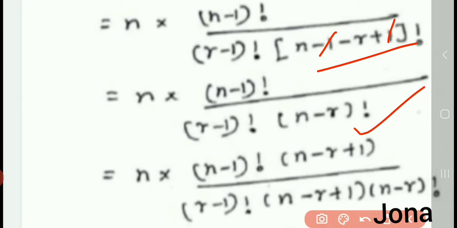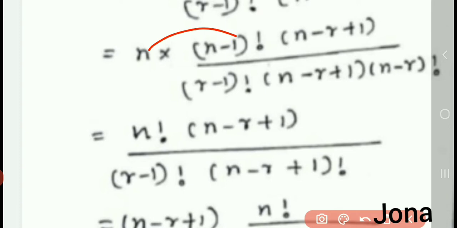So now I want to write this as that fraction, n into n minus 1 factorial as it is, and I want to multiply and divide by n minus r plus 1 here. So here also n minus r plus 1. Keep the remaining thing as it is, n minus r factorial.